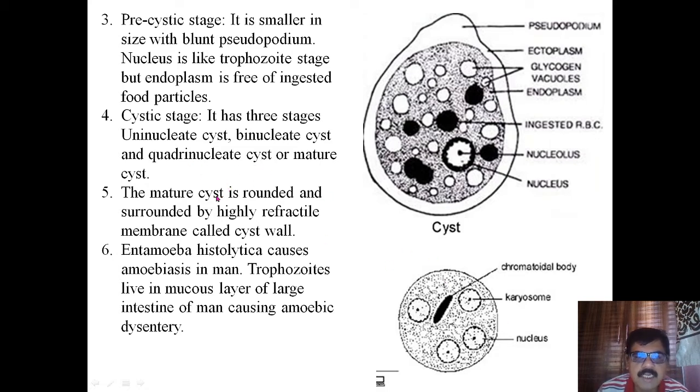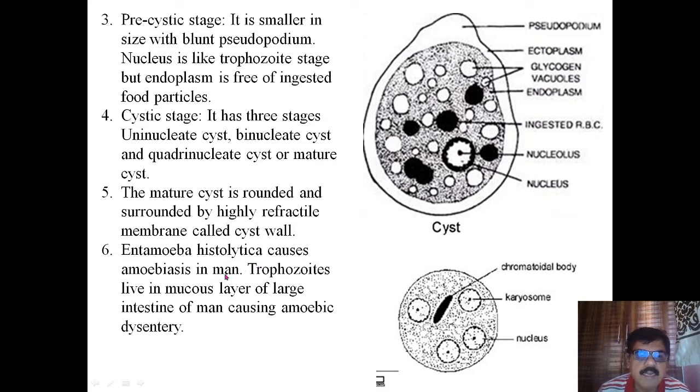The mature cyst is rounded and surrounded by a highly refractile membrane called the cyst wall. The Entamoeba histolytica lives in the intestine, and it causes a disease called amoebiosis in man.